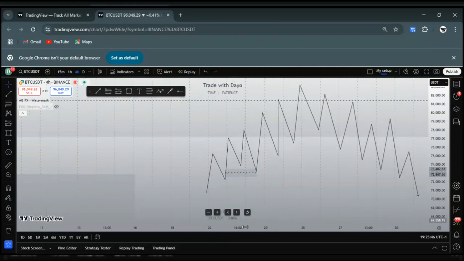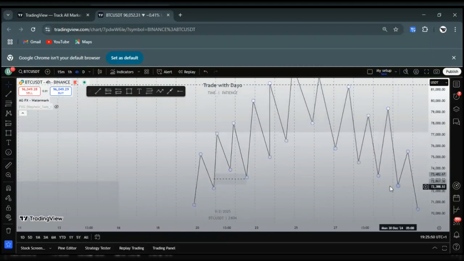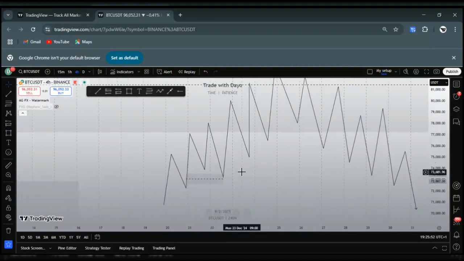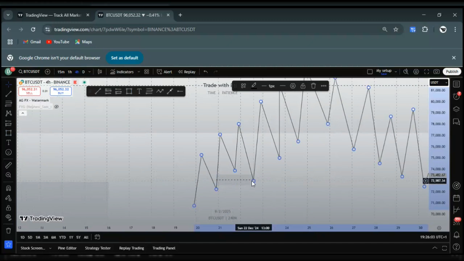So what you should look out for when marking out your zone, aside from premium and discount, is understanding valid pullback. Understanding valid pullback.